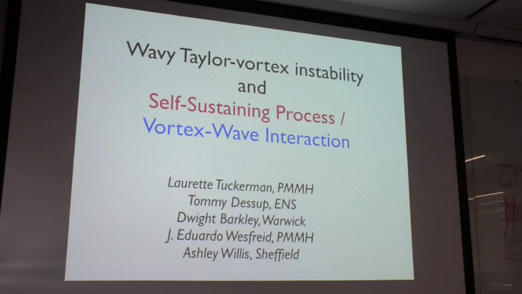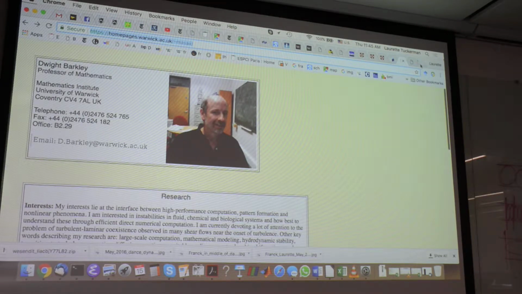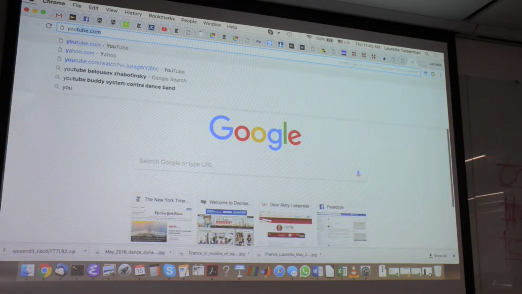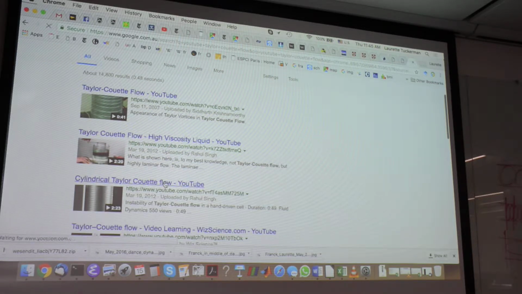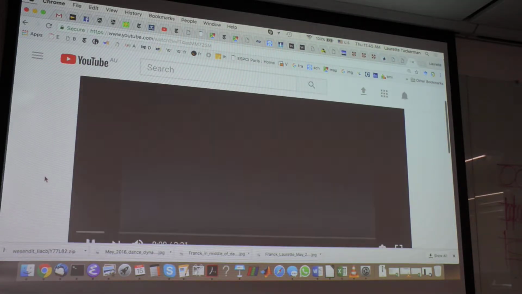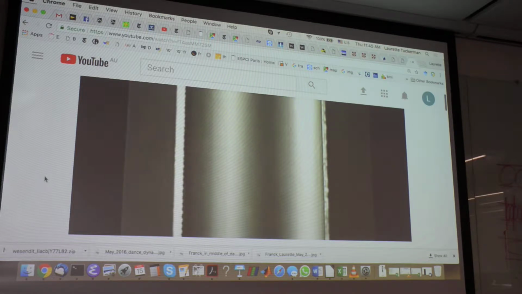Here we go. This is about regular old Taylor vortex flow, which I am sorry I haven't presented more of in the class. Let me try and make up for that a tiny bit. This is the flow between differentially rotating concentric cylinders.